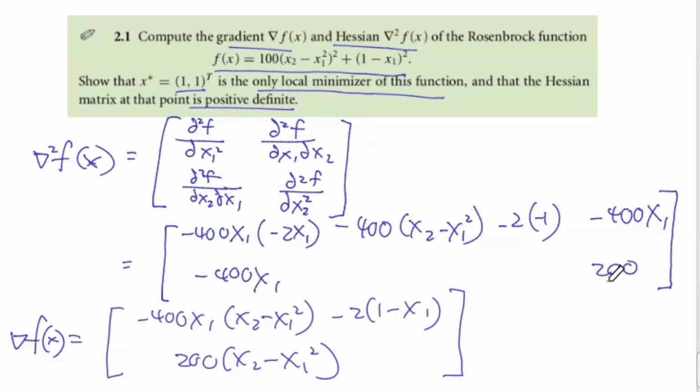Now the next thing is to show that s asterisk equals (1, 1). This means at this point s1 = 1, s2 = 1 is the only local minimizer for this function, and the Hessian matrix at the point is positive definite.